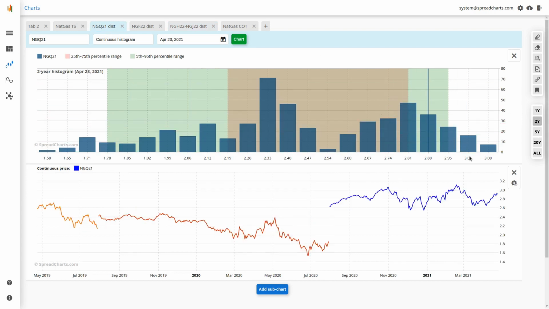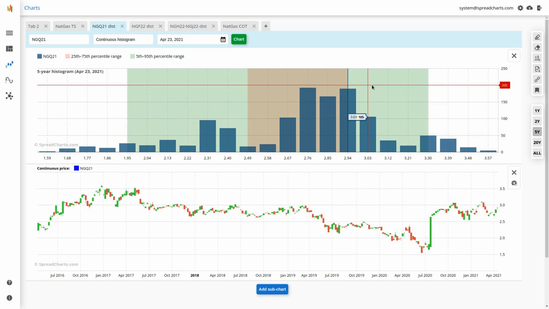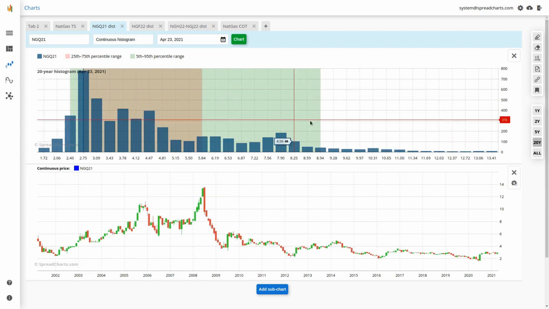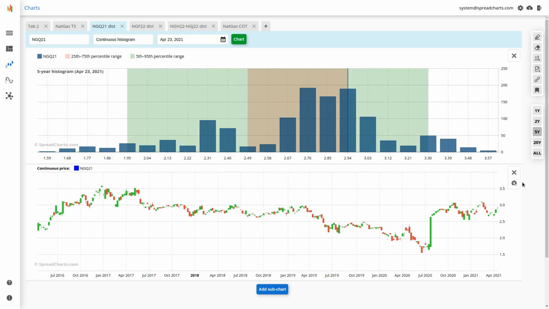We are approaching the $3 resistance here on the 2-year distribution, and it's also visible on the 5-year distribution that the $3 level, this last tall column, is acting as a resistance. You can also take a look at the longer term distribution, but that's not very useful for short term valuation analysis.